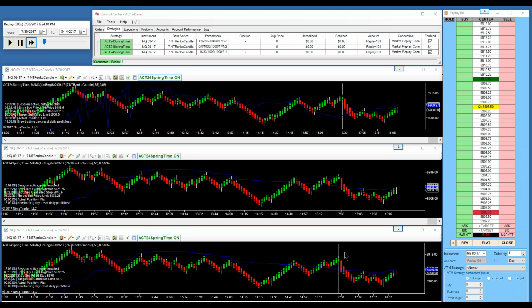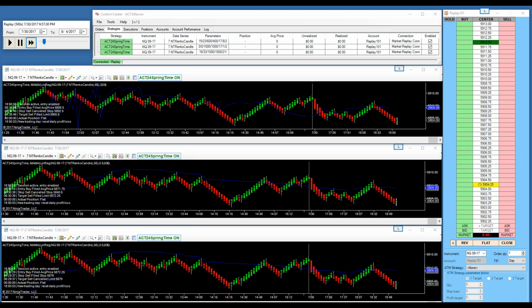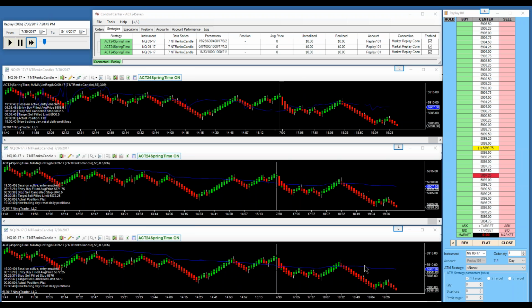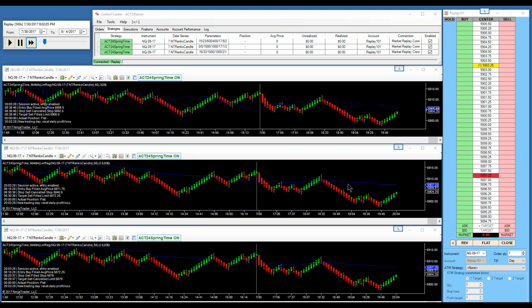Now, the white line represents 5 p.m. on Sunday night. We have to have a blue line on the chart, a vertical blue line, before we can take a trade.